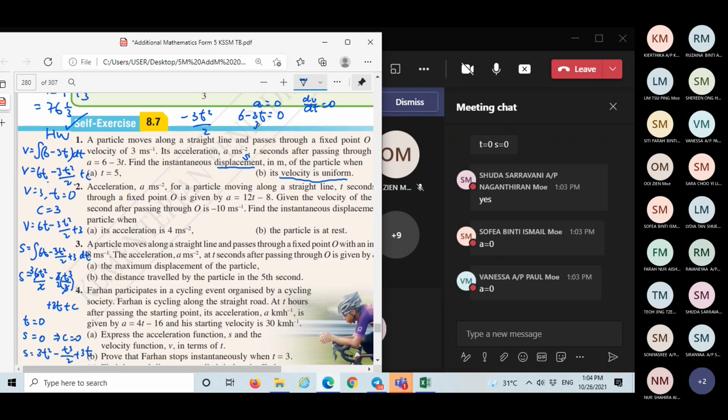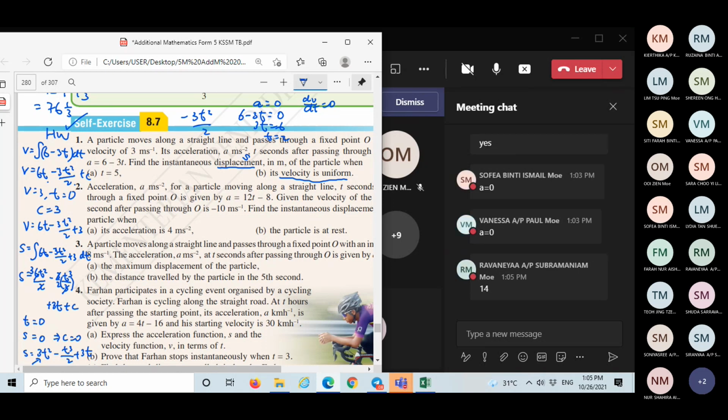Okay, so 3t is 6, so t is 2. I substitute t is 2 inside here. Can someone help? Substitute t is 2 here. What do you get for s? 14.